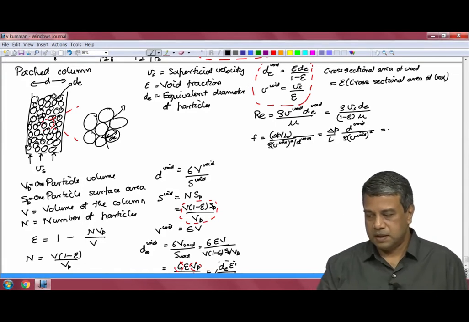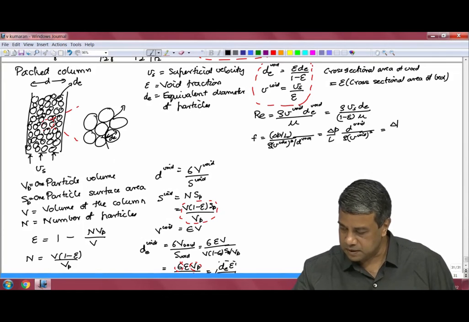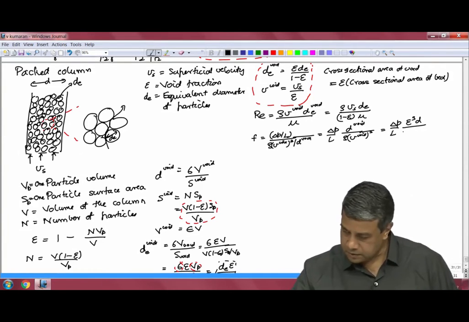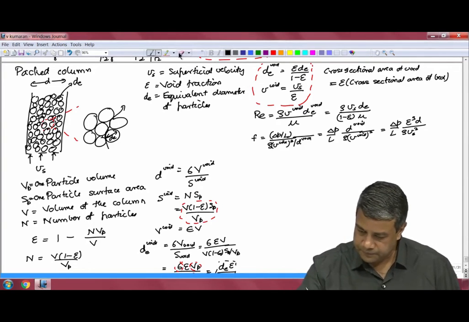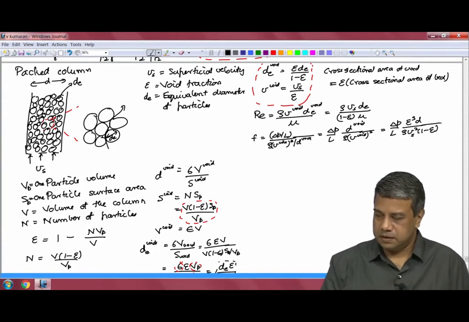And substituting the values that we already had, you will find that this is equal to delta P by L into epsilon cubed dE by rho times the superficial velocity square into 1 minus epsilon.